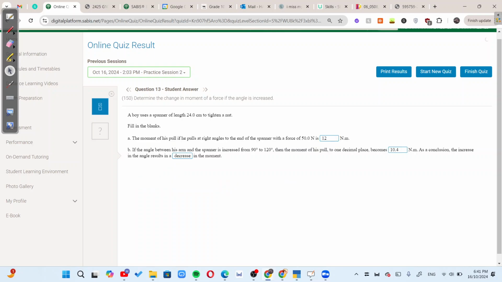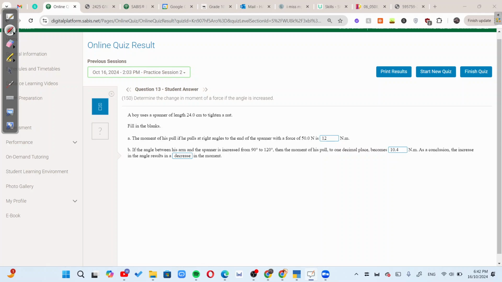Okay, so this next question, it's really easy. A boy uses a spanner, which is like a wrench, or like a tool. It's a tool used in, I can't really explain it. A boy uses a spanner of length 24 centimeters to tighten the nut.